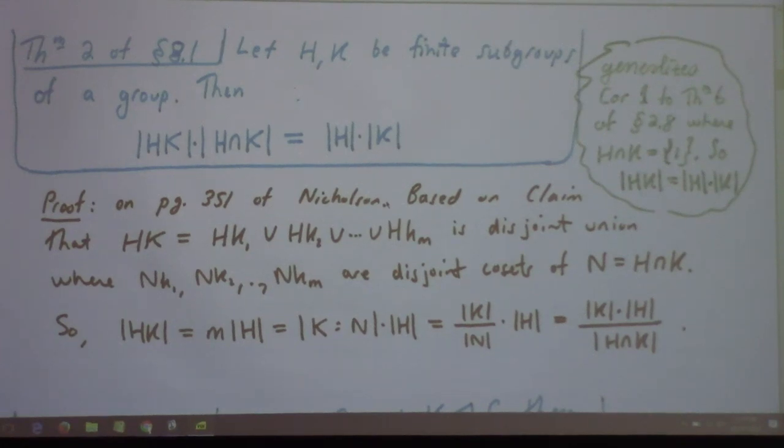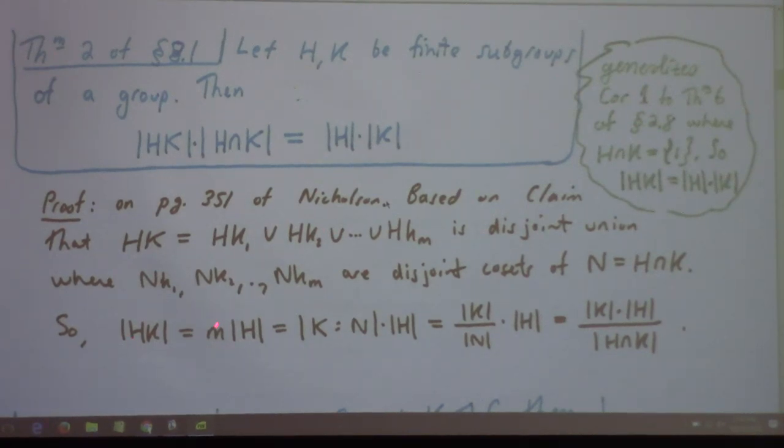It's basically based on the identification that if you look at HK, you can look at it as the disjoint union of these sets, where these k's are taken to be the k's which are needed to form representatives for the disjoint cosets of the intersection. Details are in the book, but once you accept that this is a partition, then you can count. There's m of these.